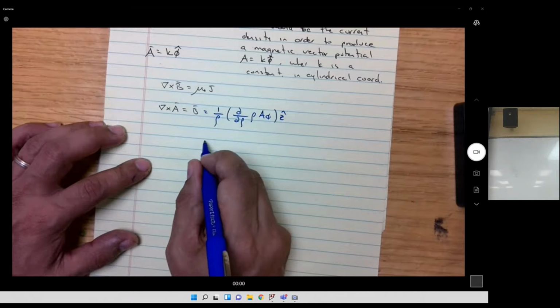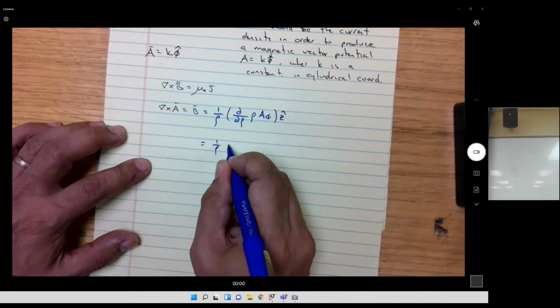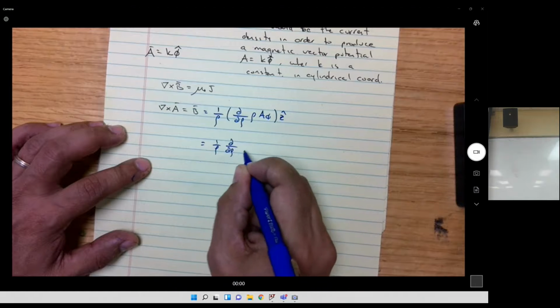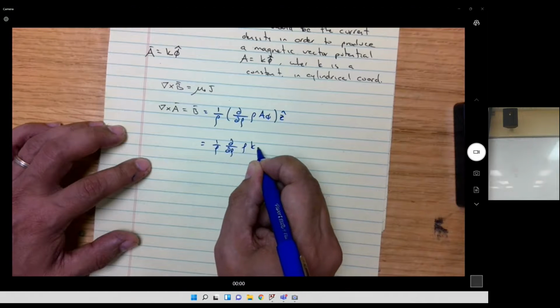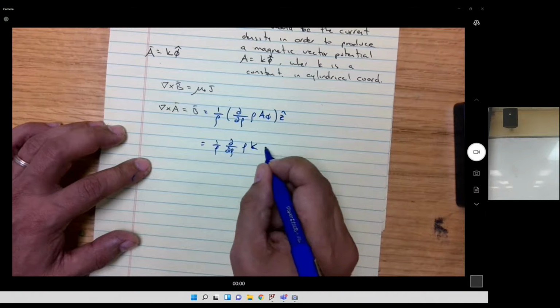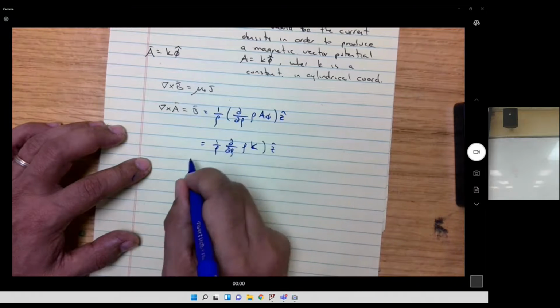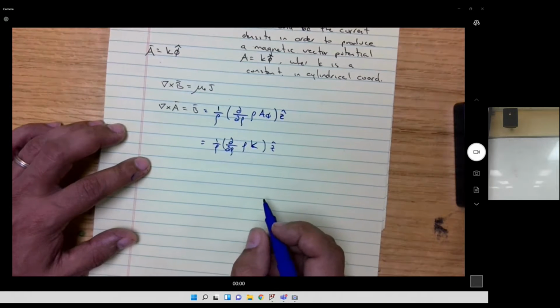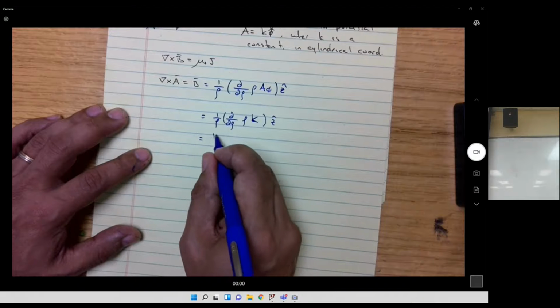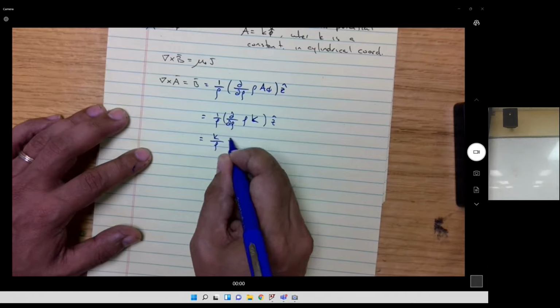I'm going to do it explicitly. So I'm going to have 1 over rho partial derivative with respect to rho of rho k in the z hat direction. So that's just going to be k over rho in the z.